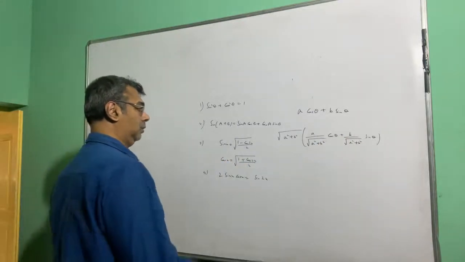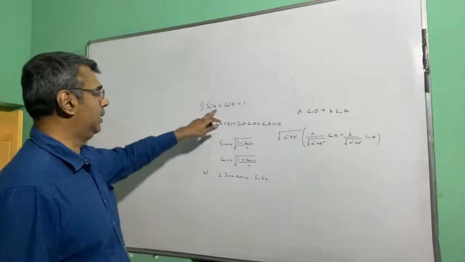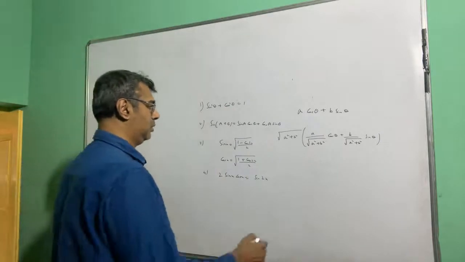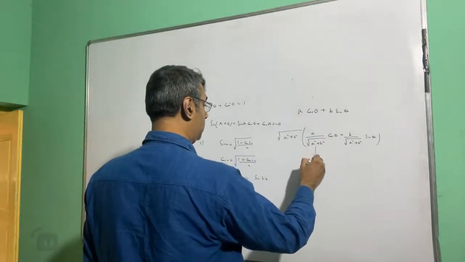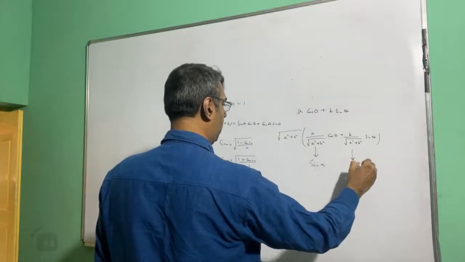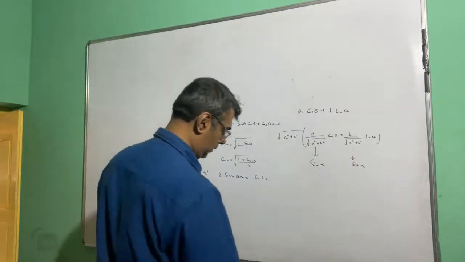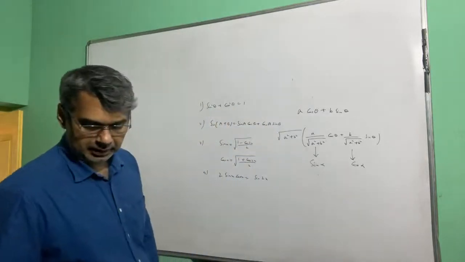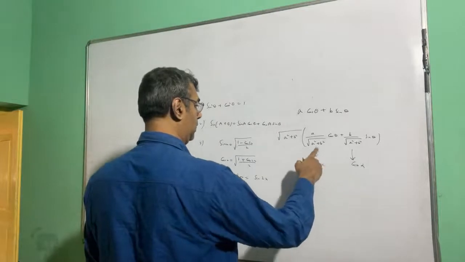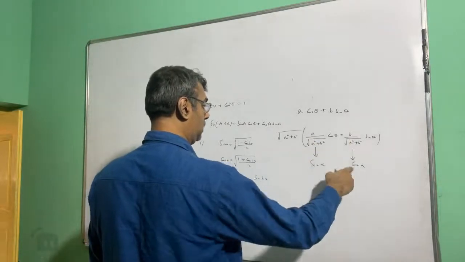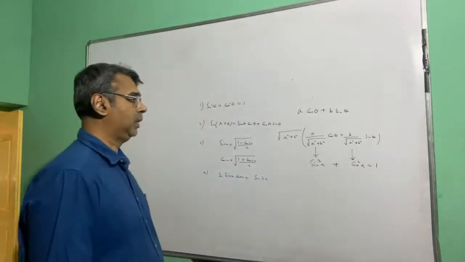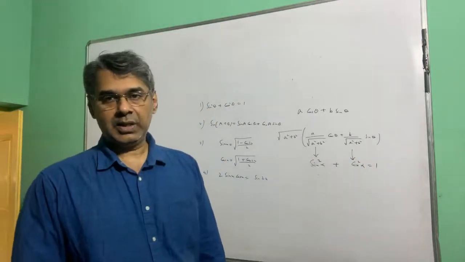After that, you will make use of the first identity, the very well known identity sin square plus cos square is 1. So you call this one sin alpha and this one cos alpha. If this whole thing is sin alpha and this whole thing is cos alpha, the square of this plus the square of this comes to 1, so as an assumption it is okay.